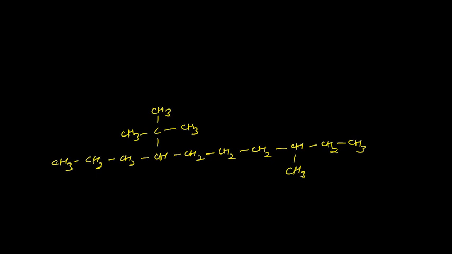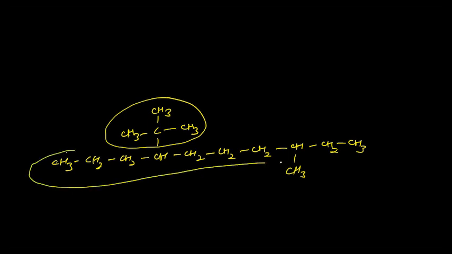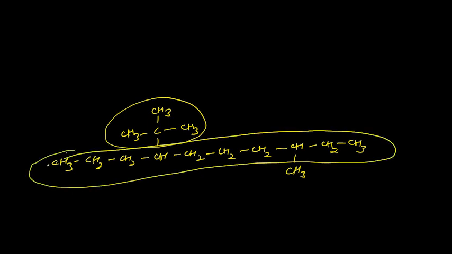Then these substituent groups are in the branch. You can name this one also as per IUPAC naming. Obviously, you are going to have the root chain, the longest one. Then these two will be the branches, and this is root. Root means parent, main chain.